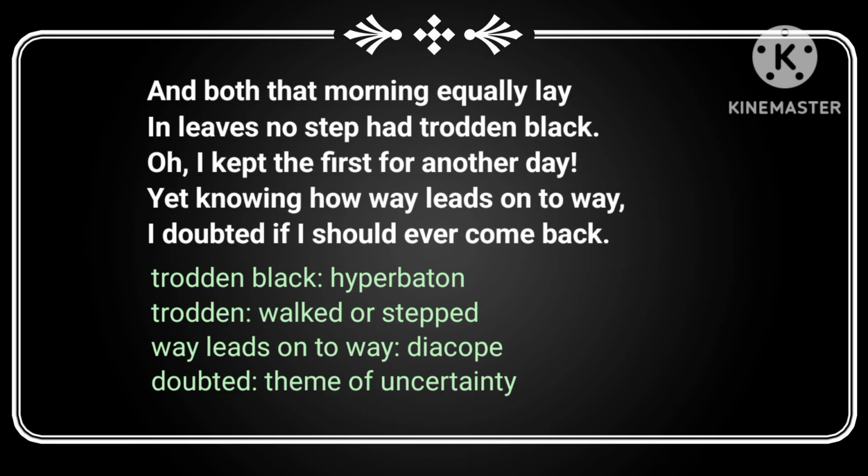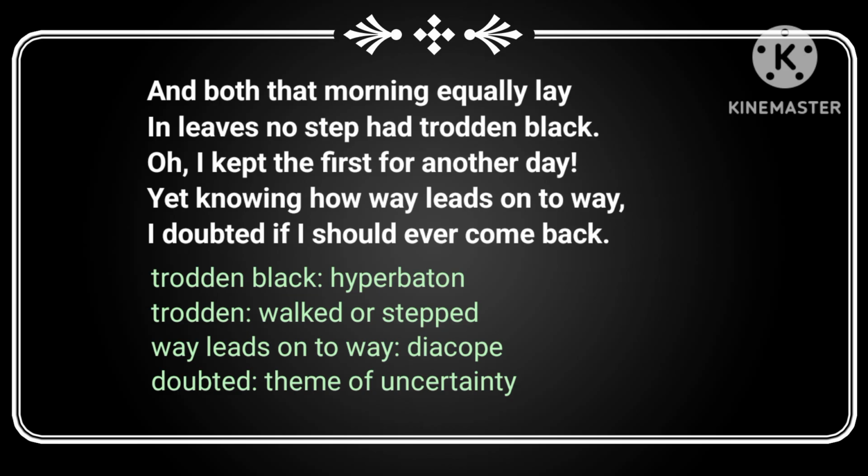In leaves no step had trodden black. Trodden means to walk. Because it was early in the morning, no one had stepped on the dry leaves on either of the roads. Therefore, the dry leaves fallen on the ground had no footprints, no step marks of travelers on them.